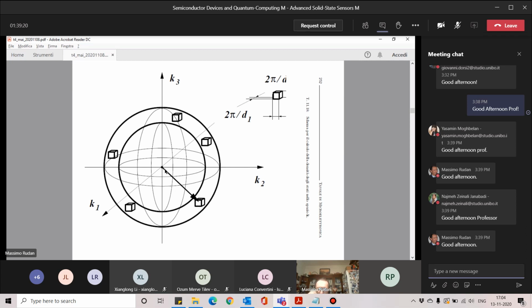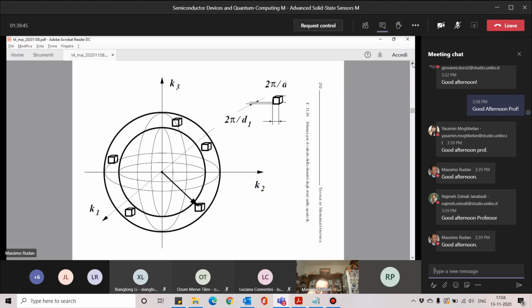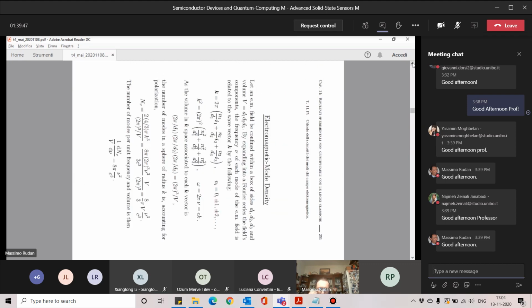In order to know how many tips of these vectors are inside the shell, you just take the volume of the shell and divide by the volume of this little cube. In doing this, you find the total number of cubes associated to the vectors whose tip is inside the shell. So now it is just a calculation.